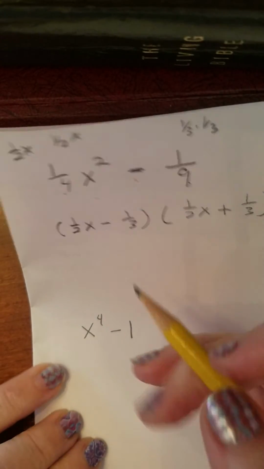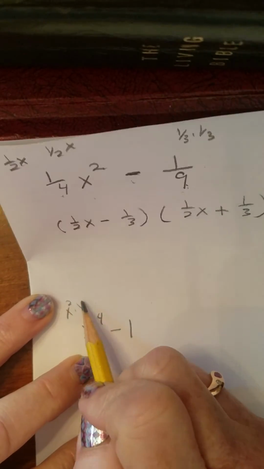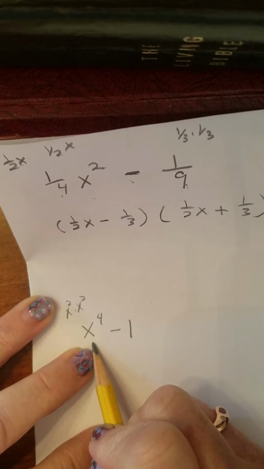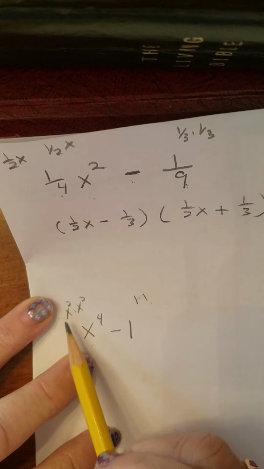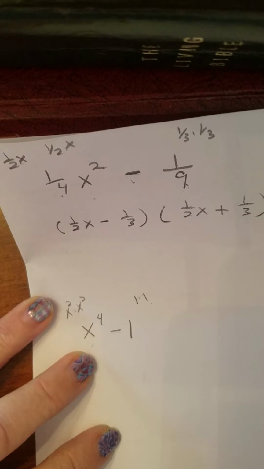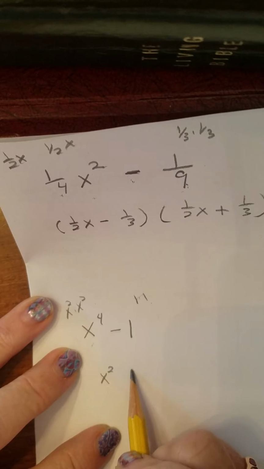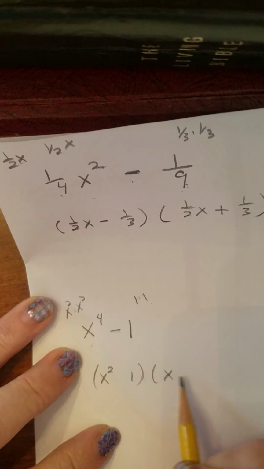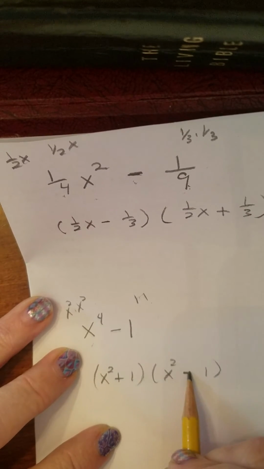Here's one. Let's see. I know that x squared times x squared gives me x to the fourth. I know that 1 times 1 gives me 1, so they're perfect squares, and we're subtracting. So that means this would be (x squared and 1)(x squared and 1), with opposite signs.